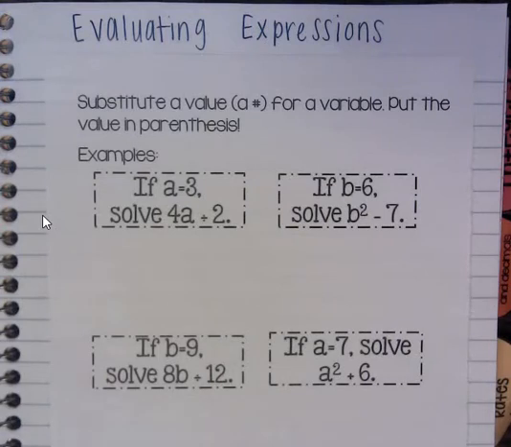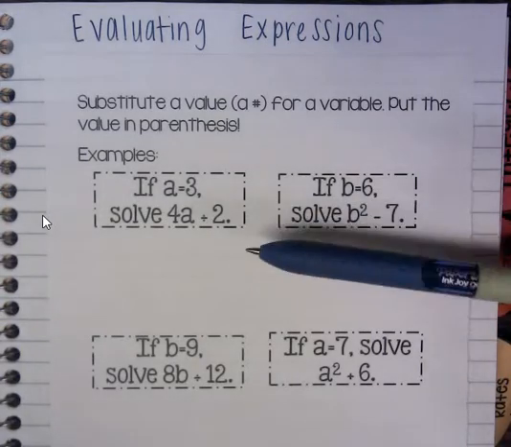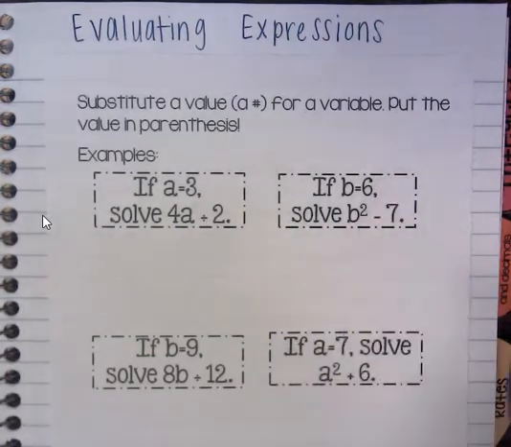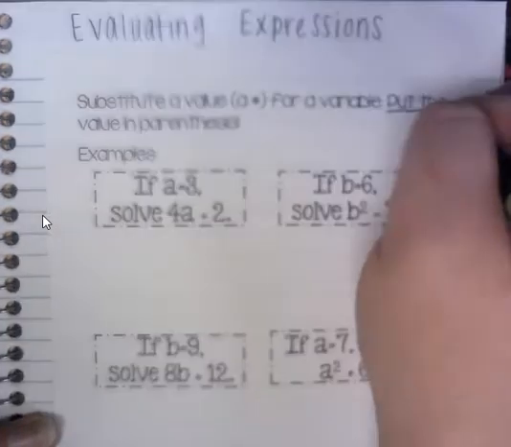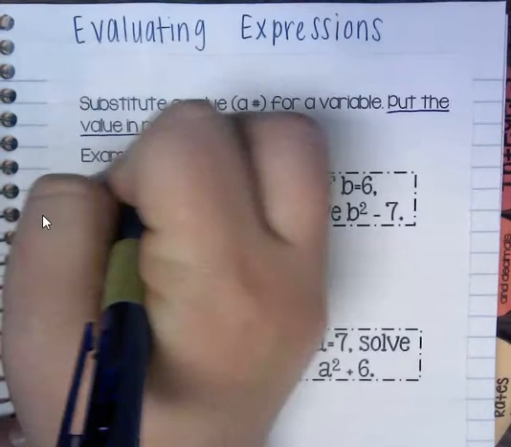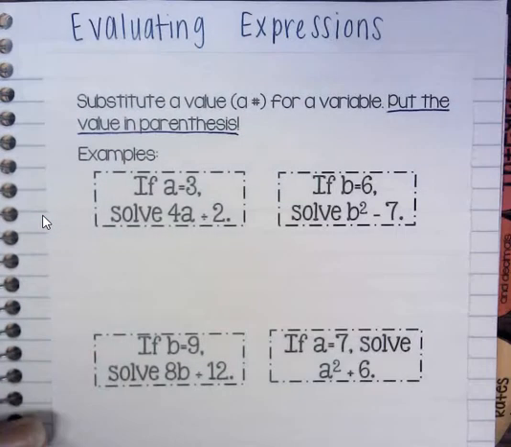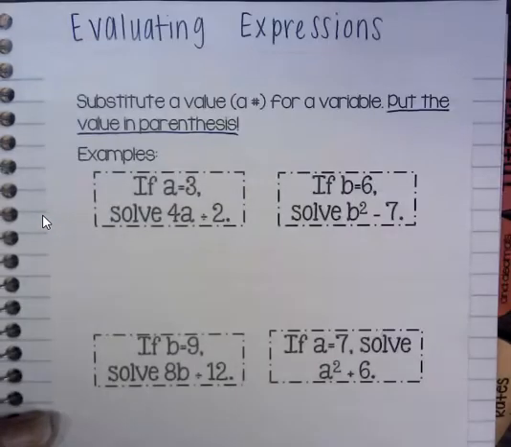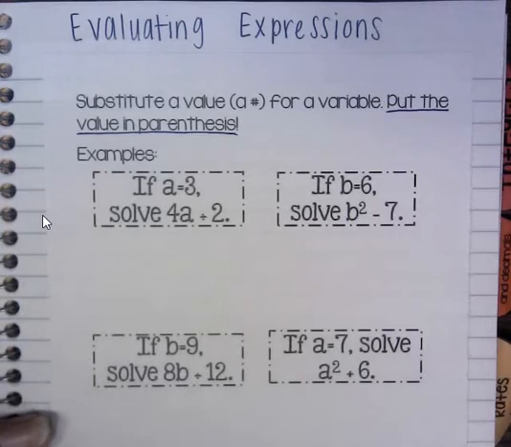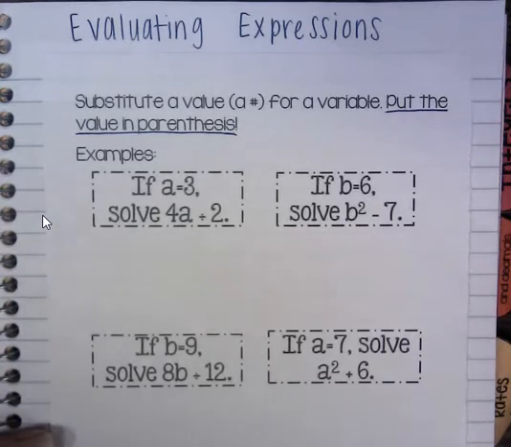When you put a value in place of a variable, it is very important that you put the value in parentheses. We talked yesterday about how when a letter and a number are side by side, that means they're being multiplied.